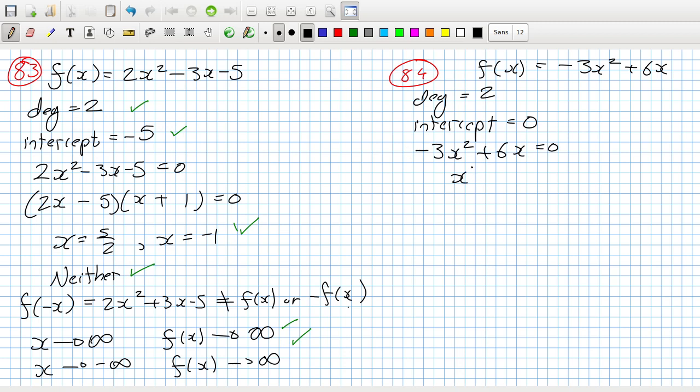Divide by minus 3. That's x squared minus 3x equals 0. Isn't it? No, that's a 2. So take out the x. You're left with x minus 2 equals 0. So that's 0 or 2.